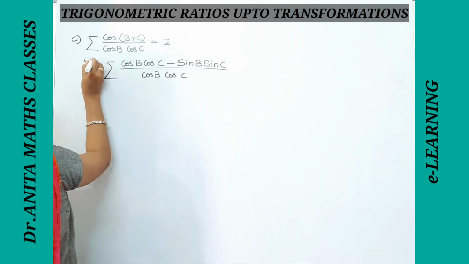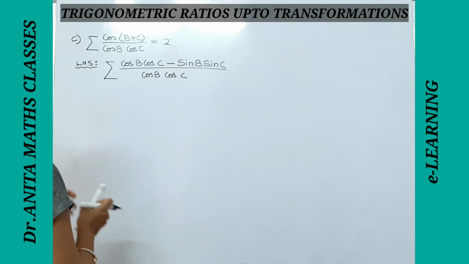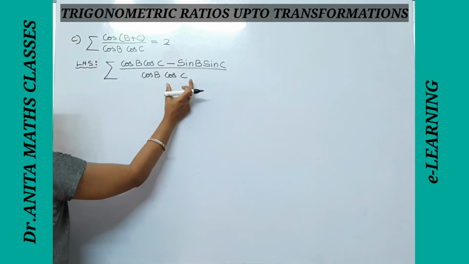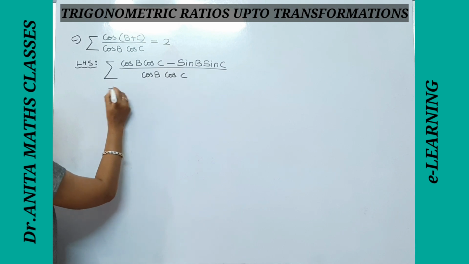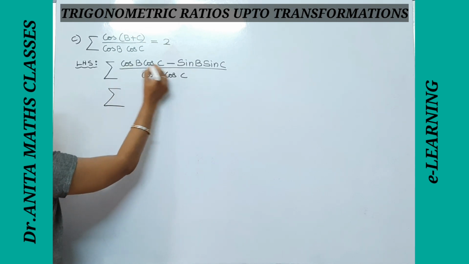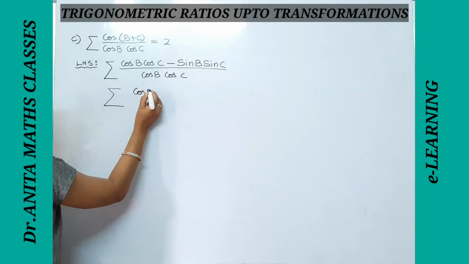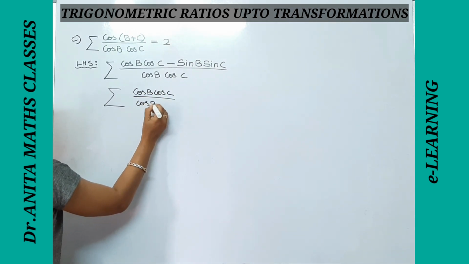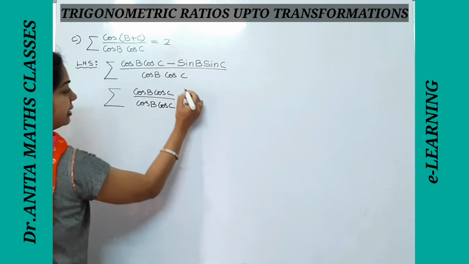LHS part only we are taking, right? Here, if you see this fraction, we will split it. Now this becomes summation. Cos B cos C divided by cos B cos C. I have split the fraction.